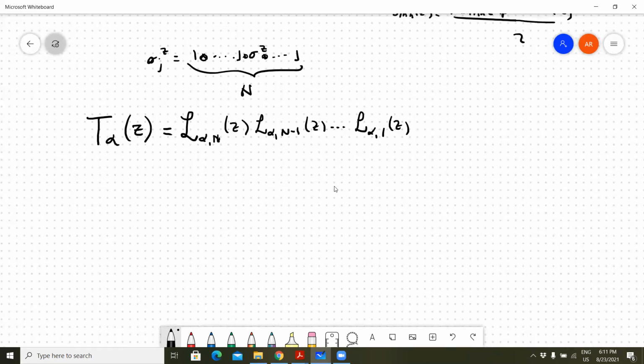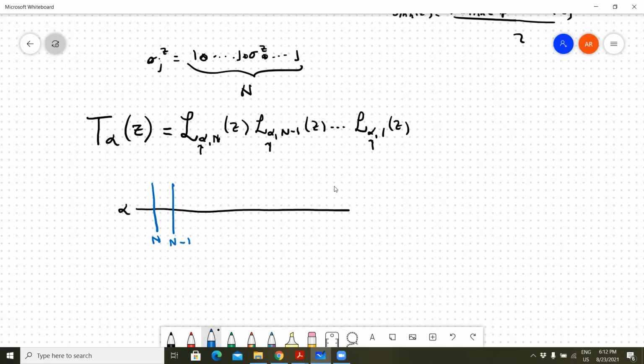And if you remember, we had represented these L's as just two lines crossing. Here, we are keeping the auxiliary space the same for all of them, and we are going through the chain. So this T can be represented as: we have this space alpha, and then you have all the physical spaces, until you reach the first one.